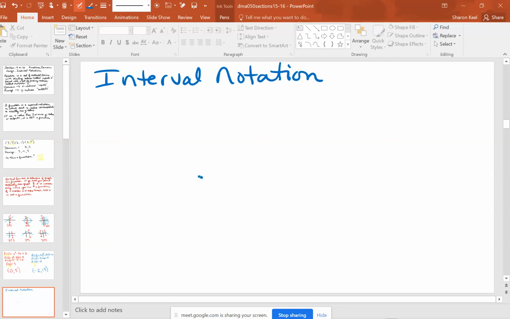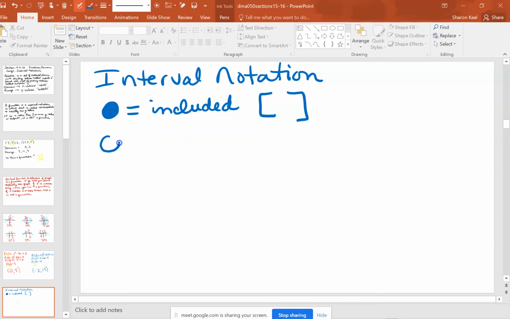If we have a solid circle, if something is equal to, if it is included, we're going to use square brackets to represent those.